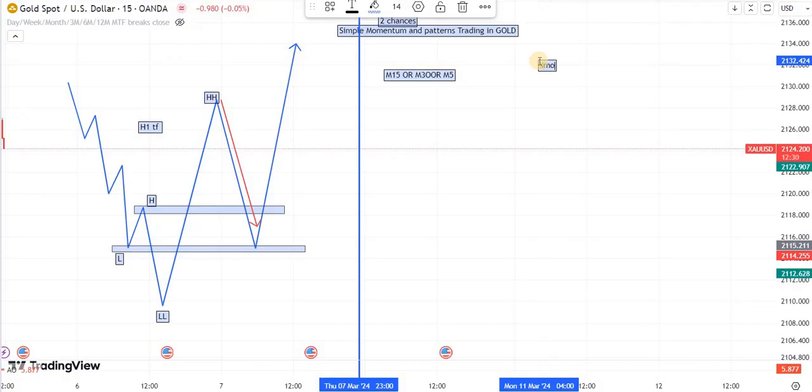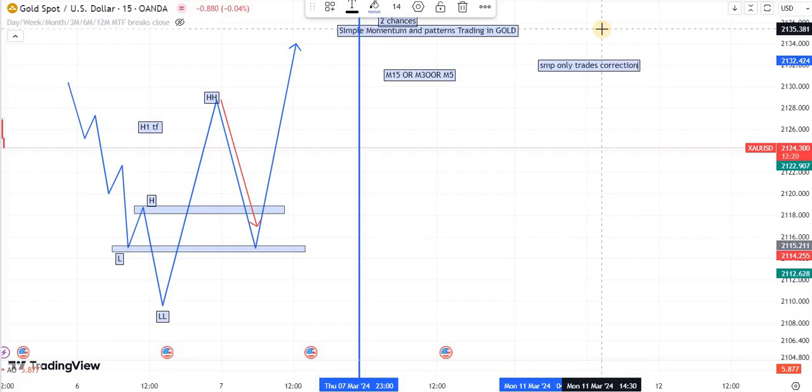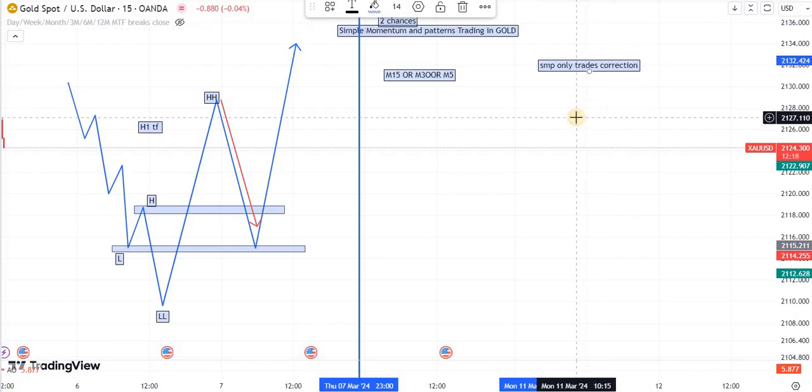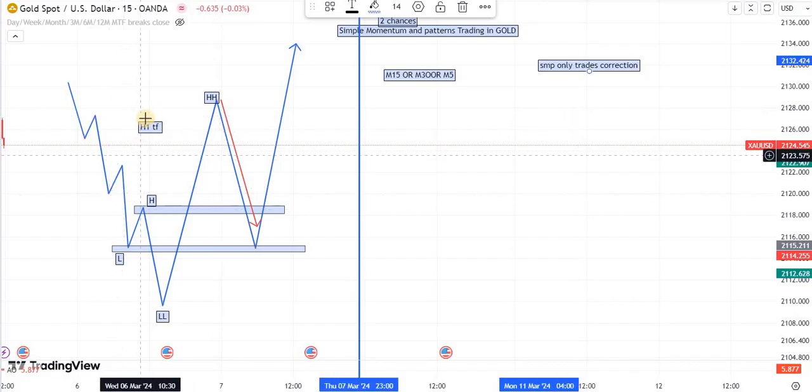SMP only trades correction. We are not trading an impulsive move, absolutely not. We are only buying at the bottom or selling at the top. That's simple. Very simple.